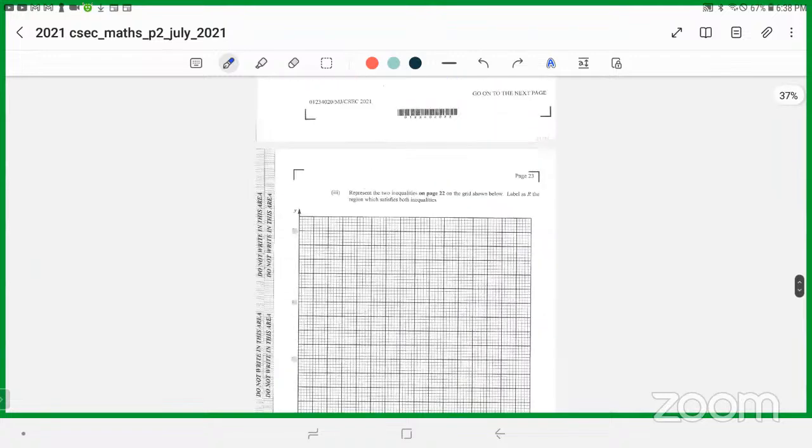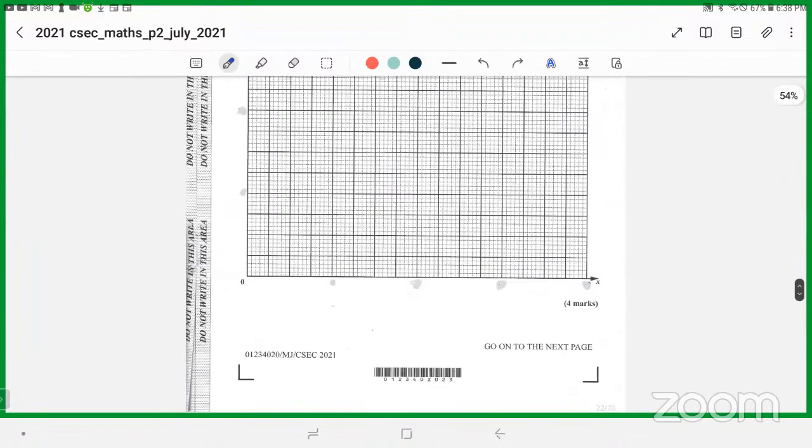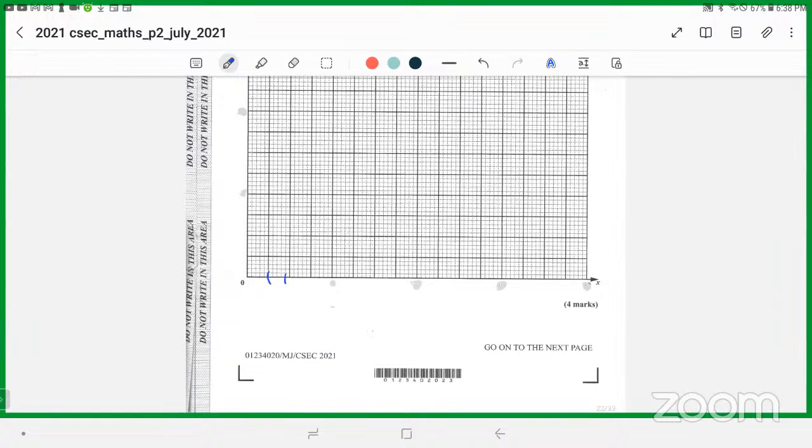We can't fit 20, 0 on this because this should be 5. 1, 2, 3, 4, 5, 6, 7, 8, 9, 10, 11, 12, 13, 14, 15, 16. So it can't work. Since it can't go 1, 1, 1, I go 2, 2, 2.